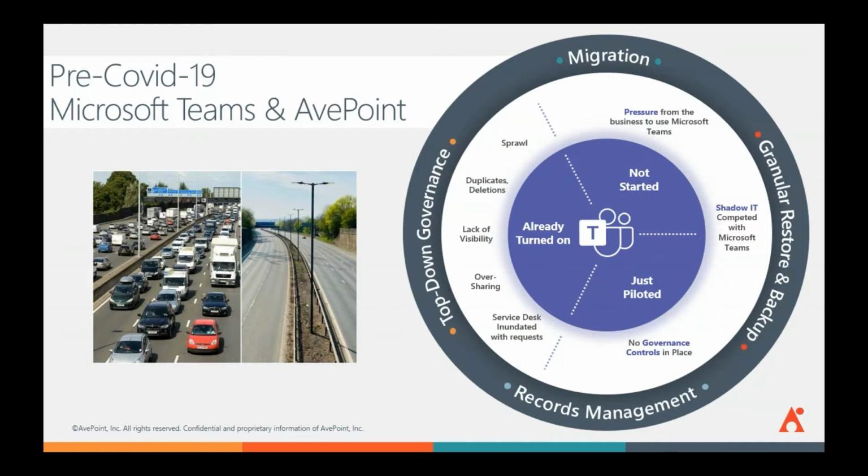In the graphic on the right-hand side, before COVID-19, AvePoint had a lot of conversations that typically fell into three main brackets. Either they hadn't started a Teams rollout, they hadn't really thought of it at the time, or they had and they just piloted it.